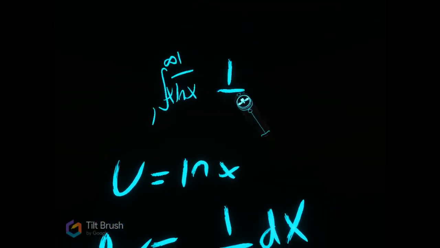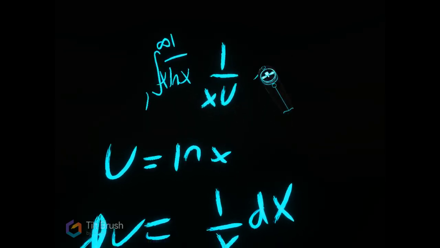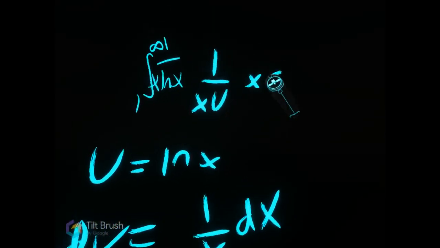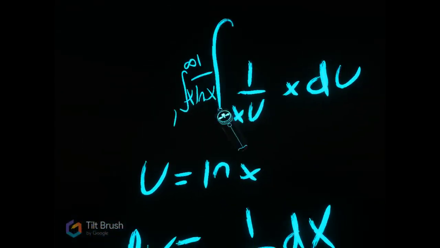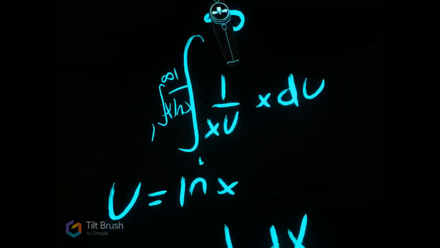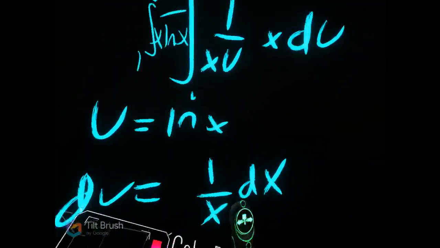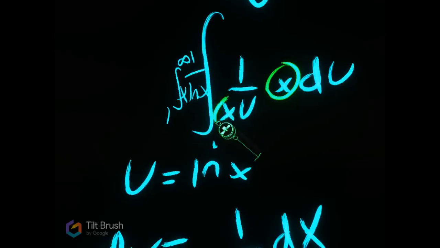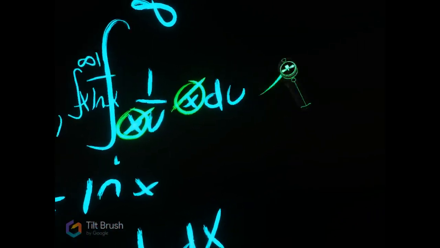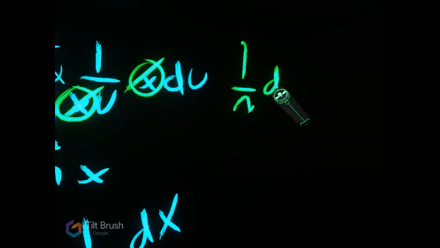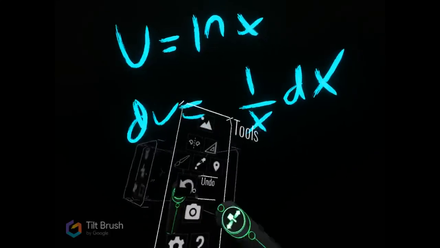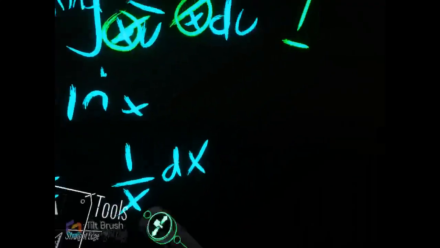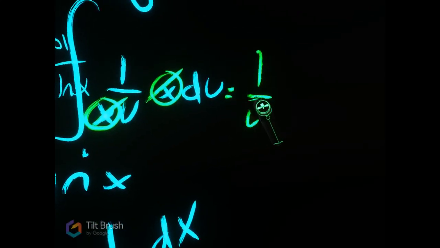You just get 1 over x times u times x du, integral from 1 to infinity. So this x and this x cancel, so I just have 1 over u. Well, that's an x, not a u.